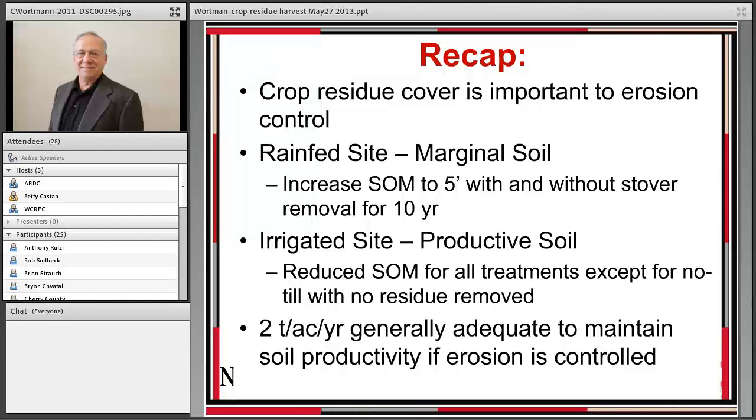There has been a decrease in soil organic matter, both with crop residue removal and without, with the exception of the no-till treatment. And the evidence is indicating that if we do leave the 2 tons per acre per year, it's generally adequate to maintain our soil productivity if erosion is controlled.